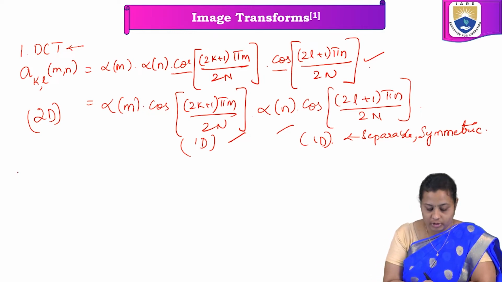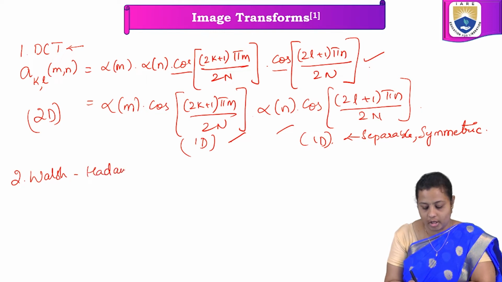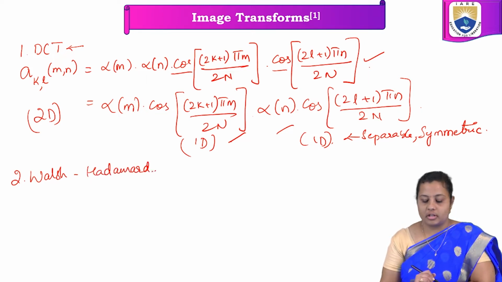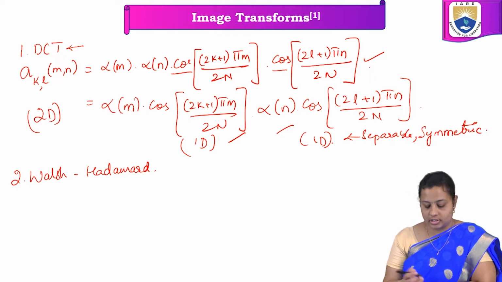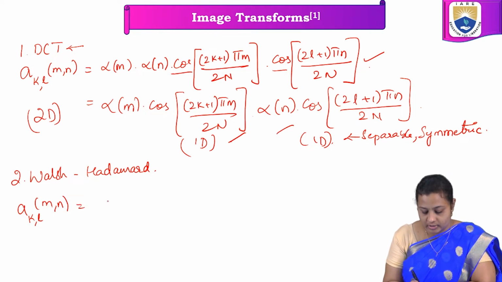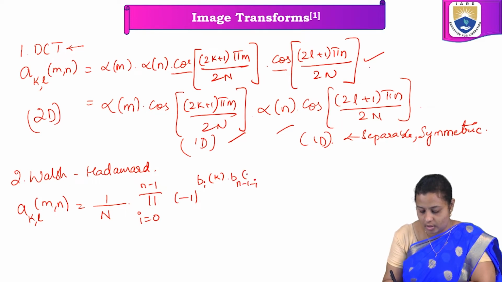Next, we talked about the Walsh-Hadamard equation, where the coefficient matrix depends upon the number of bits used for representation of the intensity value. If we write it as h(m,n), then we can write this as 1 by N into the product over i equal to 0 to small n minus 1 of (minus 1) power b_i(x) into b_(n-1-i)(m).